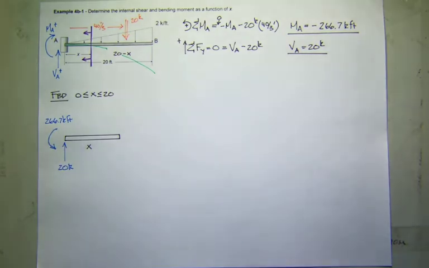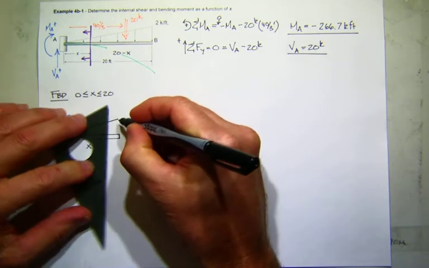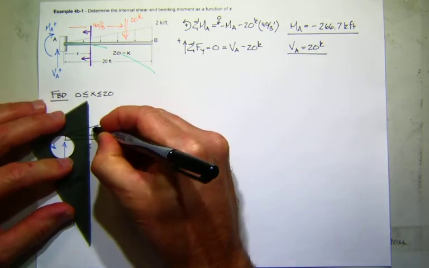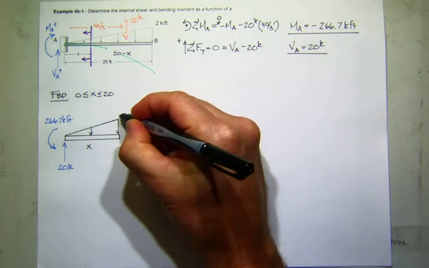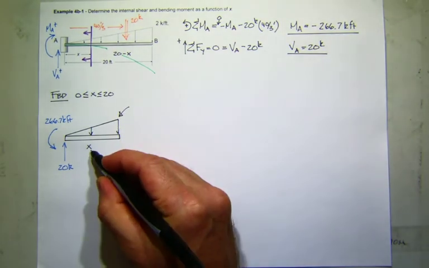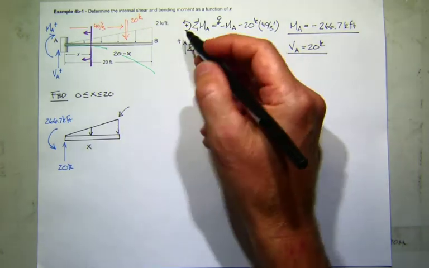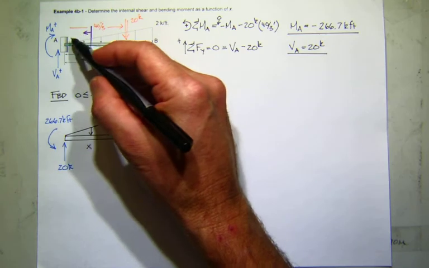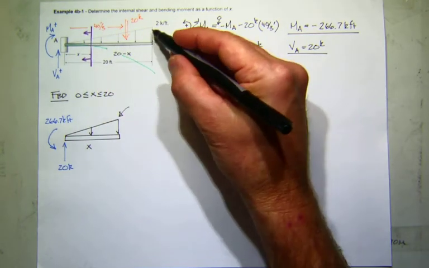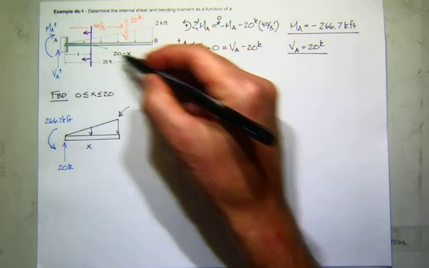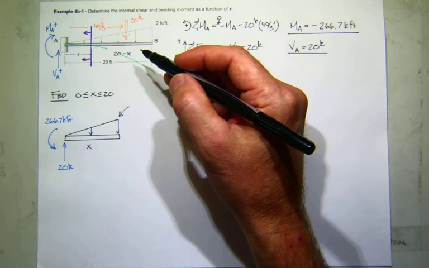Okay? So then I'll go over here and I'll draw an idea of what my distributed load looks like. So what is the intensity of the load right there at x? Well, can I figure out the slope of this line? Yeah, what's the slope? Rise over run. That's 2 over 20. That's 1/10.